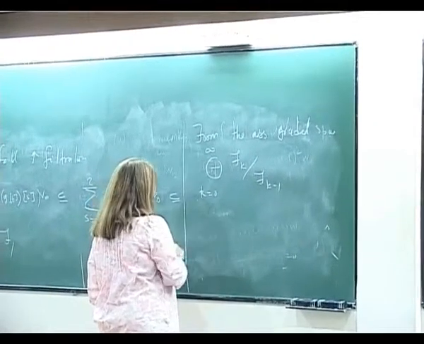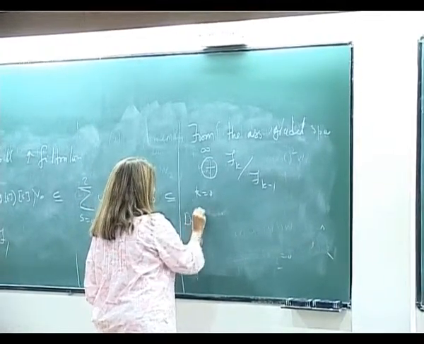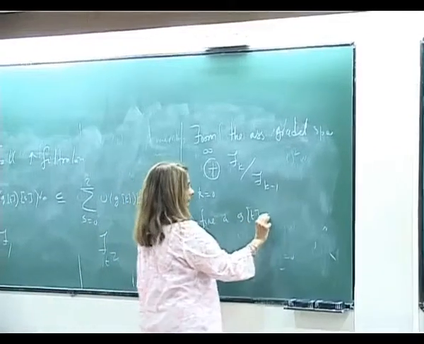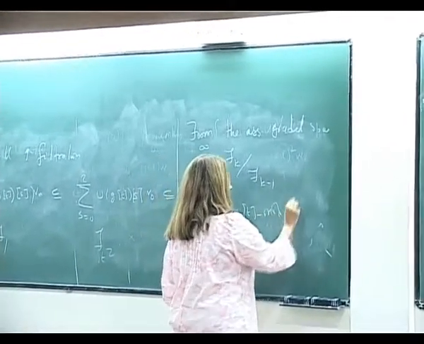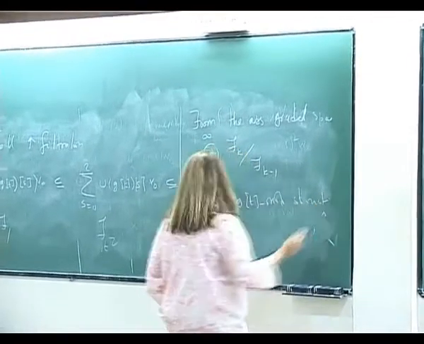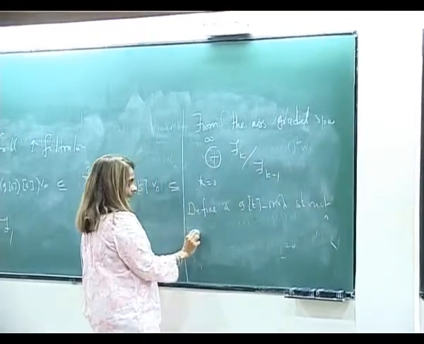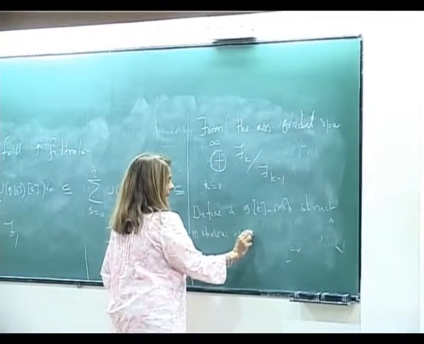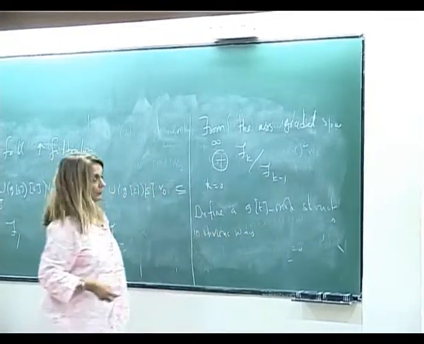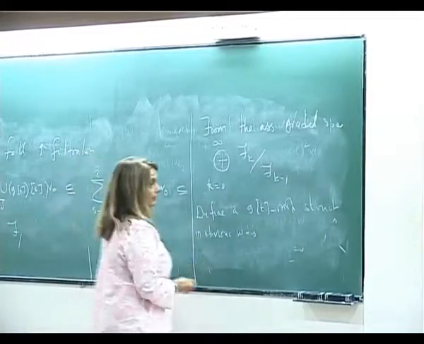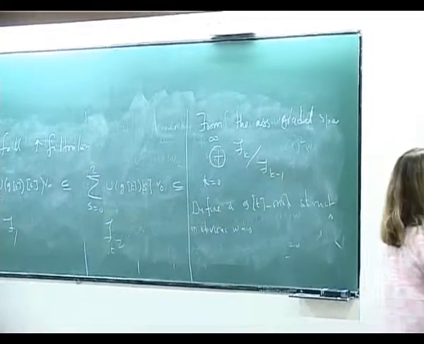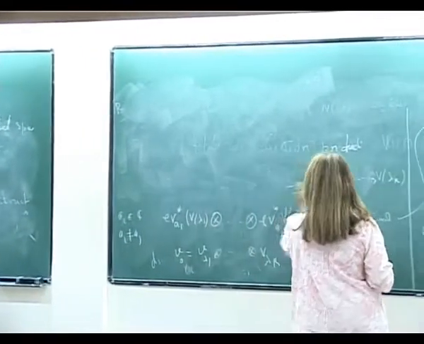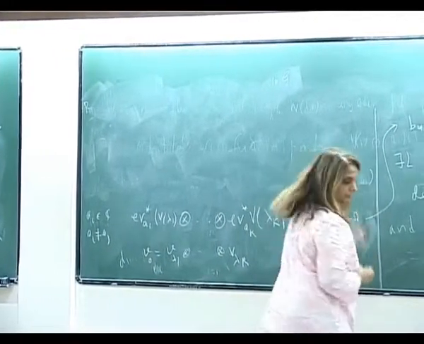And then you define a g_t module structure on this in the obvious way. There's only one way to do that.